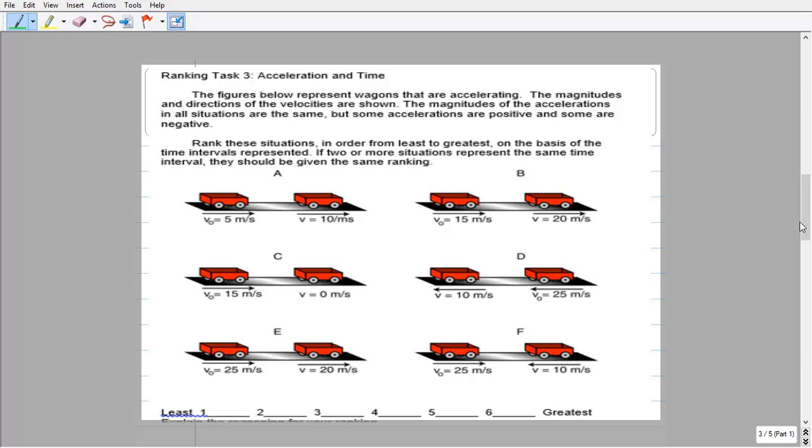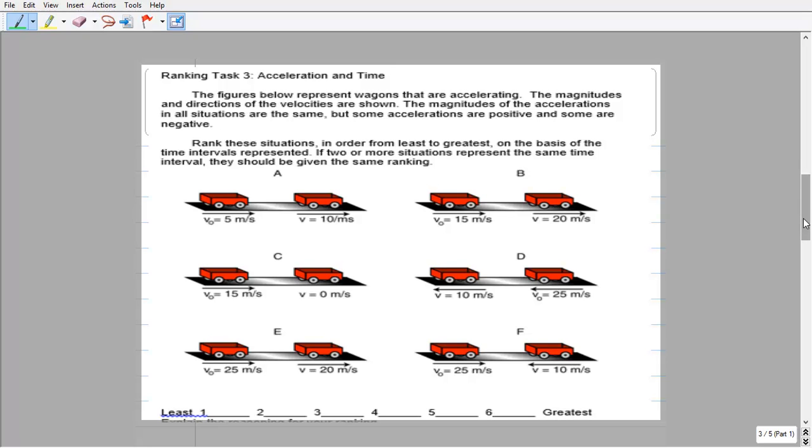Ranking task 3. Now what they want us to do in this one, if we read the instructions, is we want to figure out the time between my initial velocity and my final velocity if the magnitude of the acceleration is the same. Now some accelerations can be positive and some can be negative, but the actual value, the magnitude, is going to be the same.